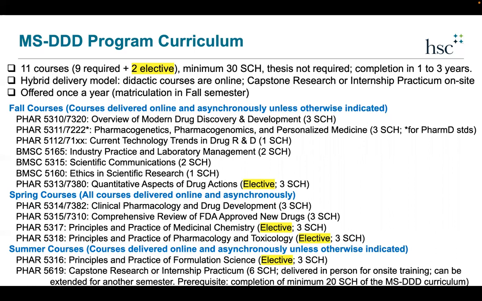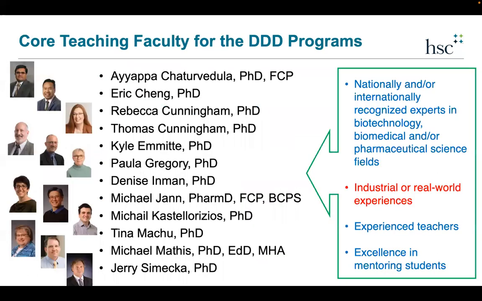The entire program can be completed in as short as 1 year for a full-time student or up to 3 years as a part-time student. Students are matriculated once a year in the fall. And I will give you more explanation with regard to the capstone research on the next slides after this.